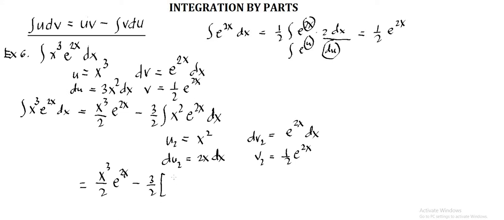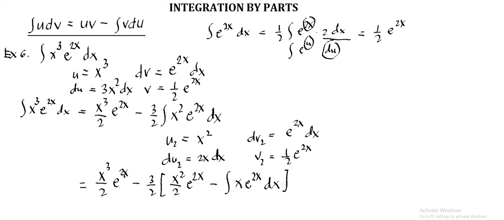So, magkakaroon tayo ng x squared divided by 2, and then e to the 2x, and then minus integral of v du, no? So, 2x dx times 1/2 e to the 2x. So, 2 times 1/2 equals 1. So, maliteran lang ay integral of x e to the 2x dx.